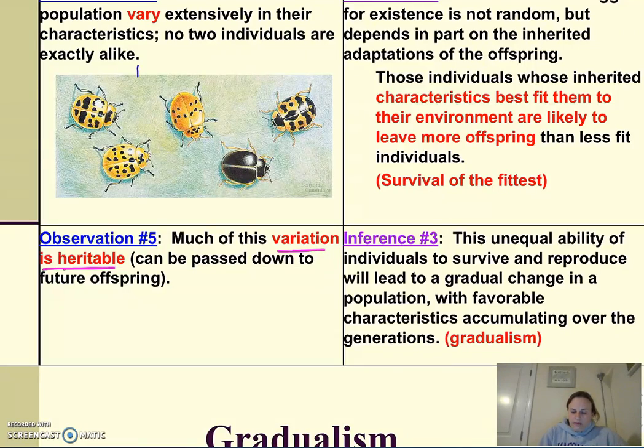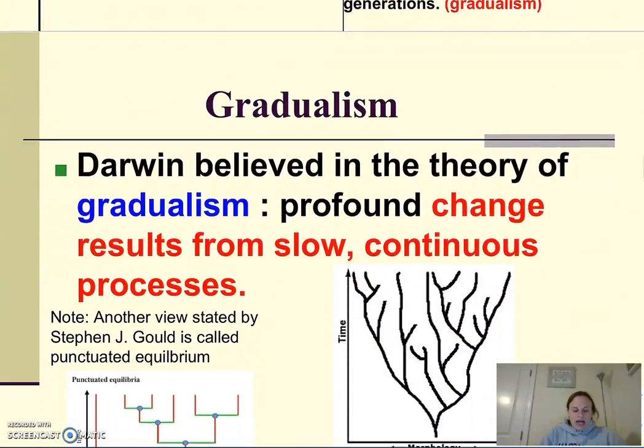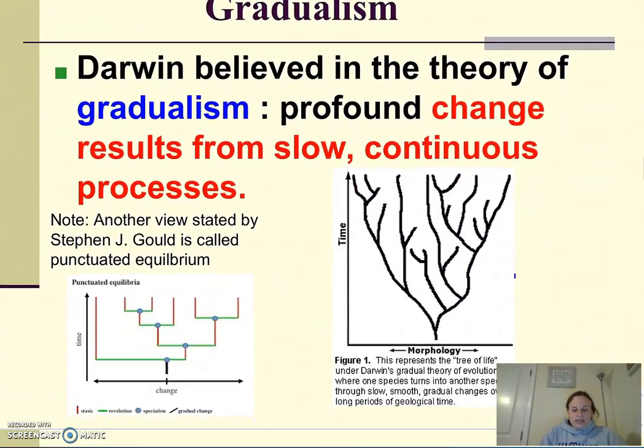The time frame by which Darwin believed evolution occurred is called gradualism, where gradualism is the idea that change results from slow, continuous processes, and it's represented by this tree.